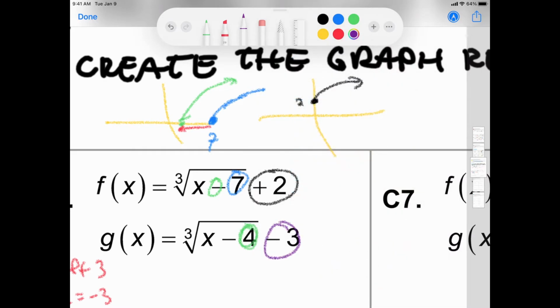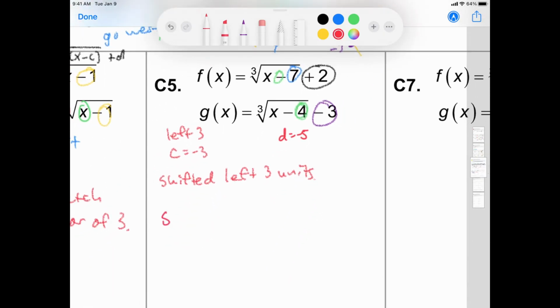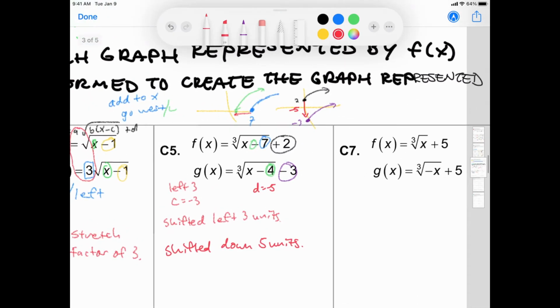Okay, this one's at -3. So again, you're going from 2 to -3. Well, what's the difference there? You're going down 5. So a D equals -5. That means you're also being shifted down 5 units. Okay, so the visual helps.